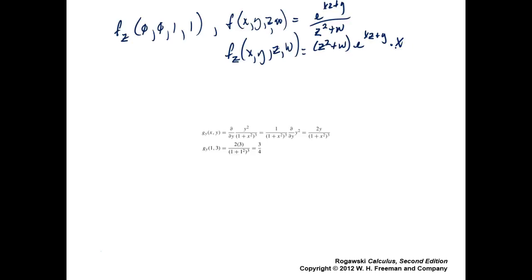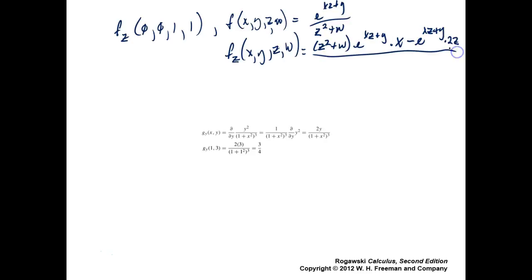There's your low d high minus high d low. That high would be e to the xz plus y times d low, 2z. Okay.